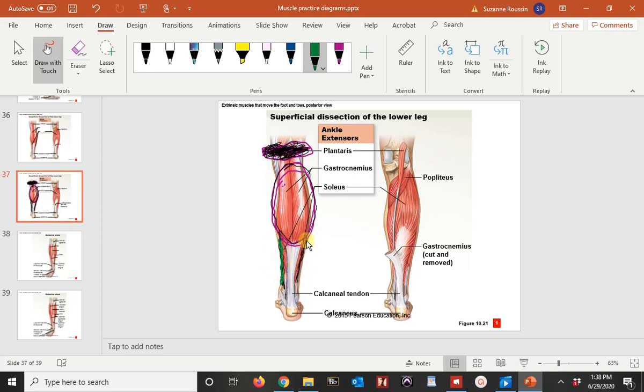So this part sticking out, this little muscle sticking out behind this white tendon here, is called the soleus.